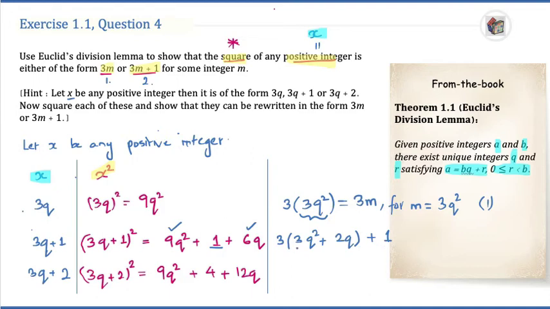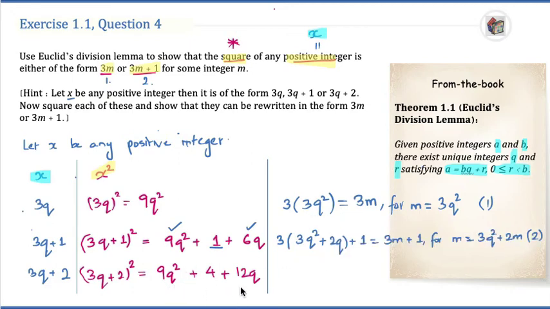Yet again, here is your m, and so this entire thing becomes 3m, a multiple of 3, plus 1, which is form number 2 as we wanted. This time though, what is the value of m? m is 3q squared plus 2q. Let me write that here, one second.